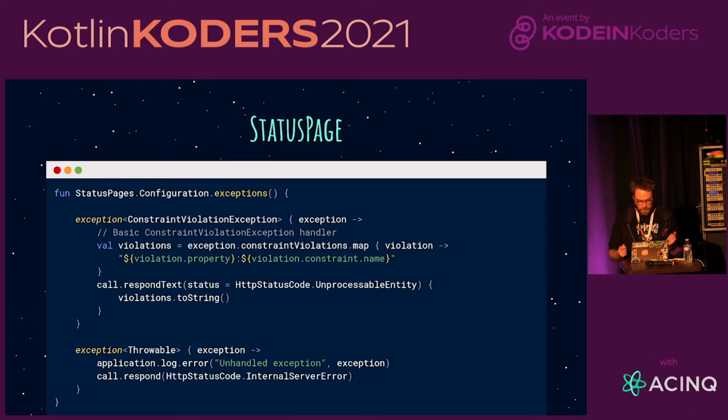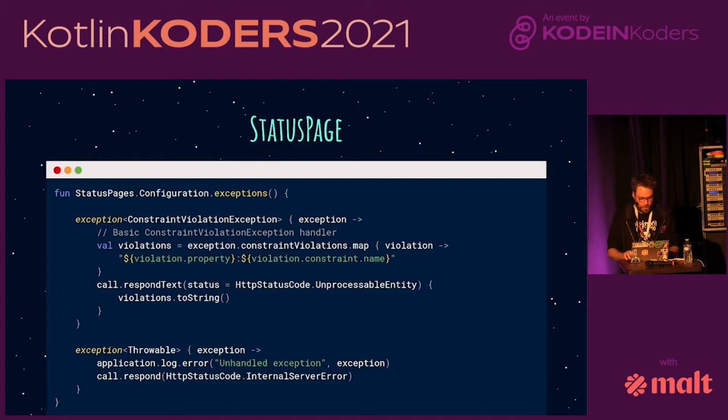You can respond as a plain text or whatever suits you here, with the proper HTTP status code. And let's say also if there is an error, I don't want my application to have a big crash. Okay, I'm going to handle all the throwable exceptions. If there is one, I'm going to say, okay, it's an internal error status, something we want.